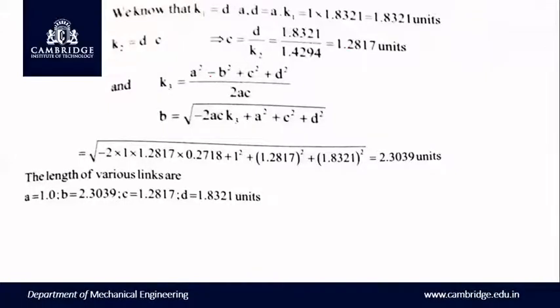Similarly, by taking the formula for k2 and the formula for k3, we can calculate the value of C as well, B and D. By this we can calculate all the various lengths of the links A, B, C and D.